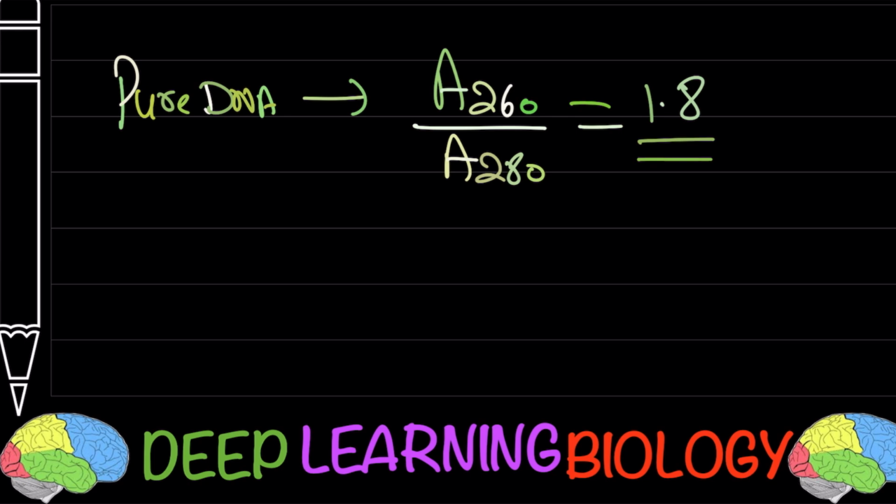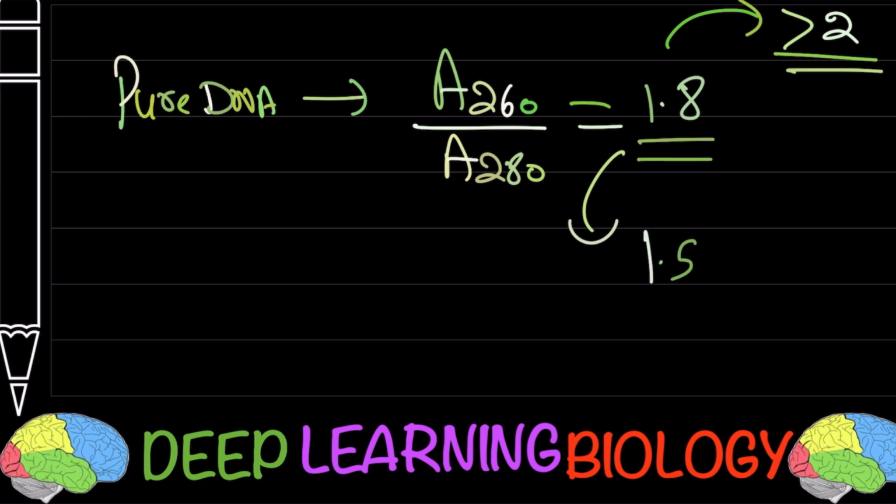But sometimes you can have a reading greater than 2. Don't think that the sample is pure; it may have some contamination of organic solvent. And if this ratio is less than, say, 1.5, then you can say your sample is not pure DNA, it is having contamination of proteins.